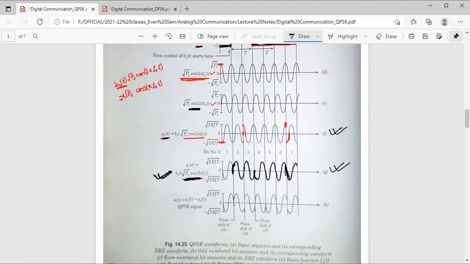So what you can see here is that the phase of this carrier, this part and this part, a phase shift of π/2 is shown here. Why? Because you can see here that in this portion, so let me change the color. It is a black color.